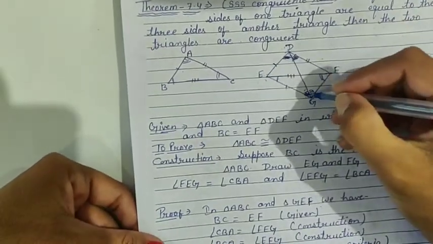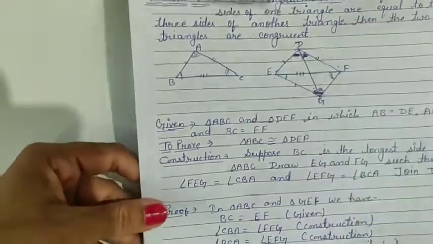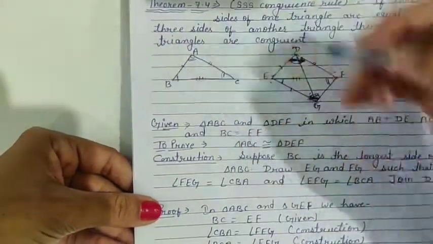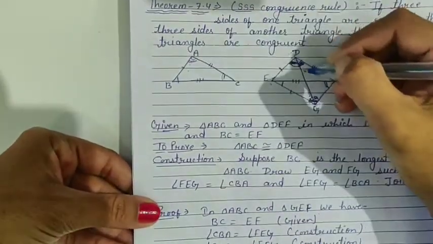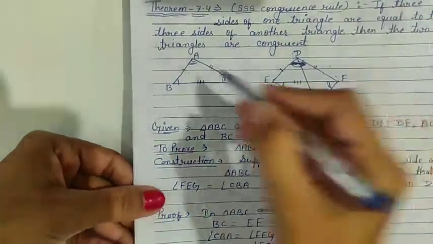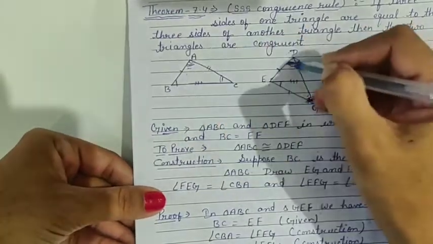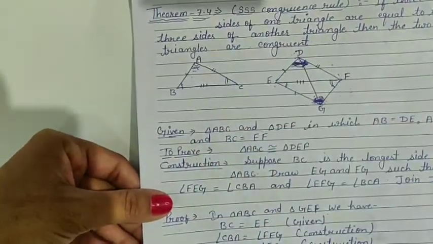So angle EGF equals angle EDF. And angle A equals angle EGF, so angle A equals angle D.